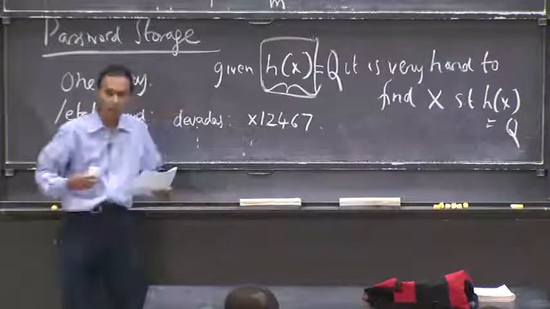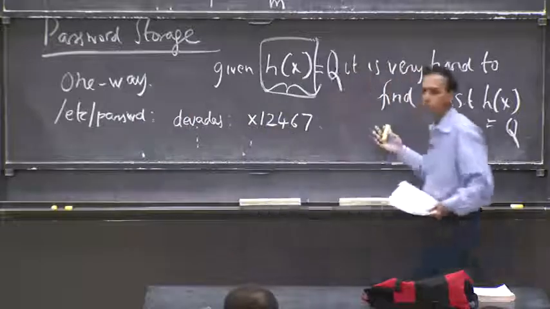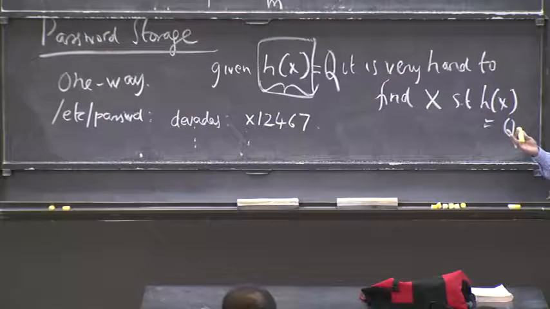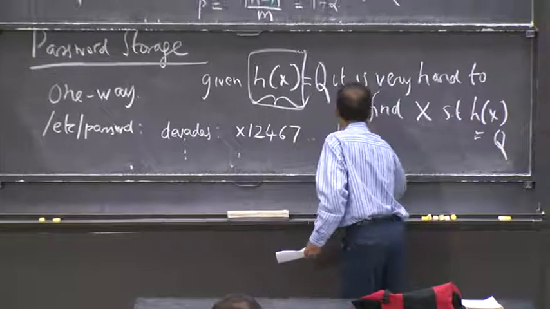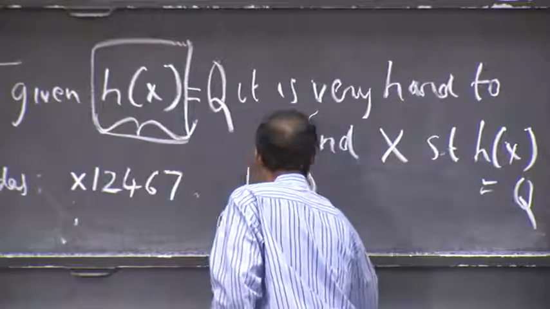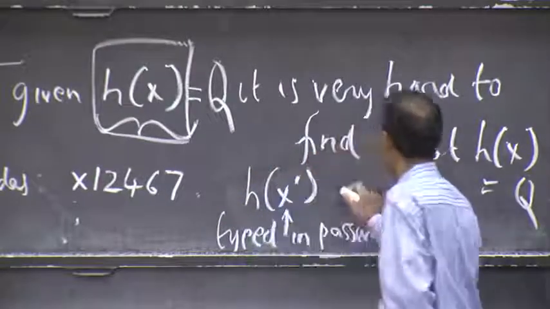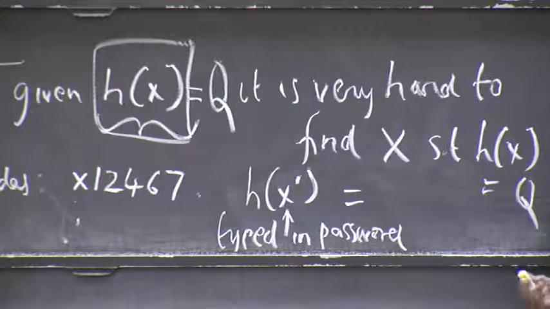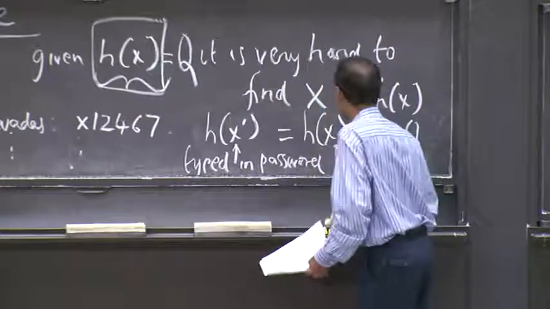So when I log in and type in the actual password, what does the system do? It hashes it. It takes x prime, which is the typed-in password, which may or may not be equal to my password, because somebody else may be trying to break in, or I just mistyped or forgot my daughter's first name, which would be bad.